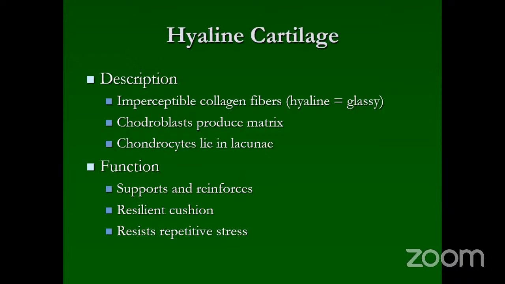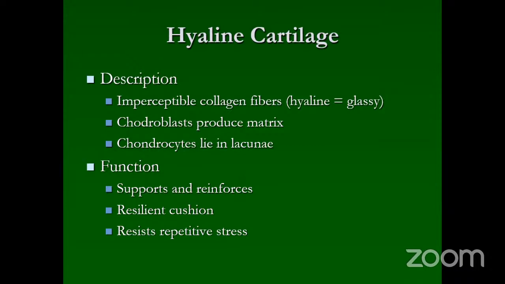And chondroblasts produce this matrix, and the chondroblasts give rise to chondrocytes. Blasts are the precursor cells, like osteoblasts from which osteocytes will be produced. Like here also, from chondroblasts, chondrocytes will be formed.